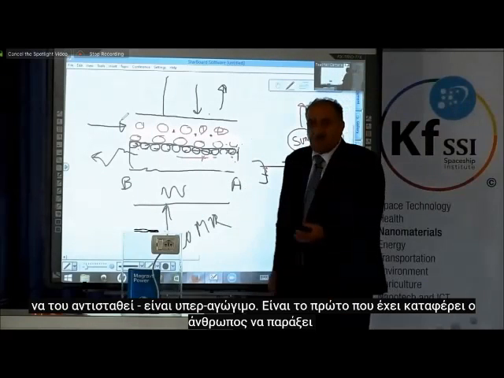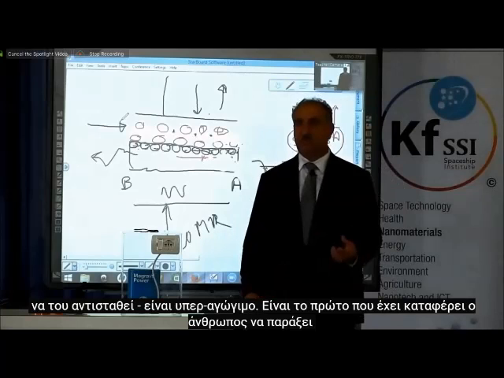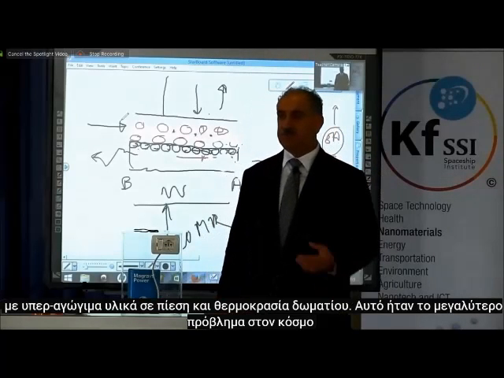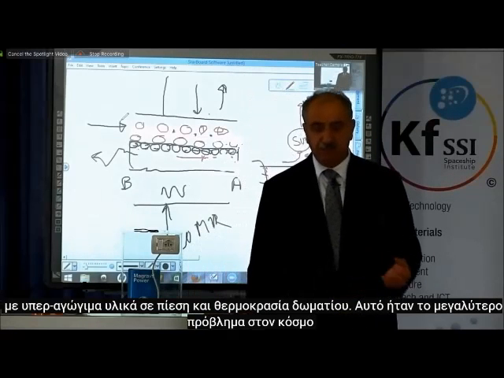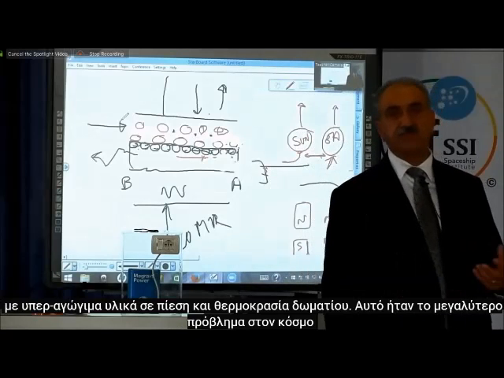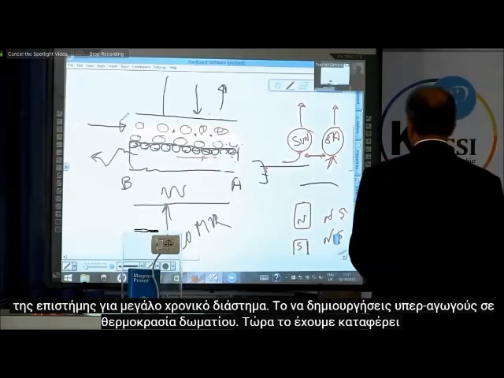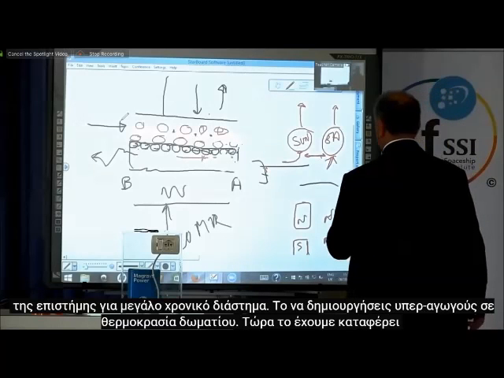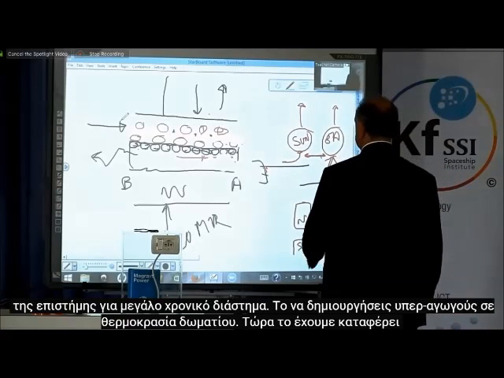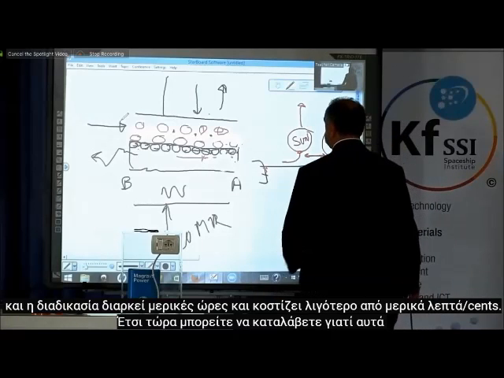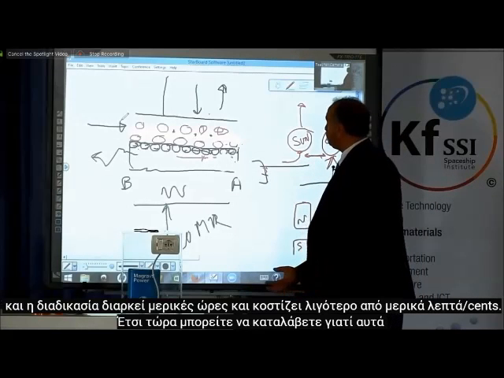It's the first time man has managed to produce superconductive materials at room temperature and pressure. This has been the biggest problem in the world of science for a long time, to create superconductors at room temperature. Now we have it. And the process takes a few hours and less than a few cents.